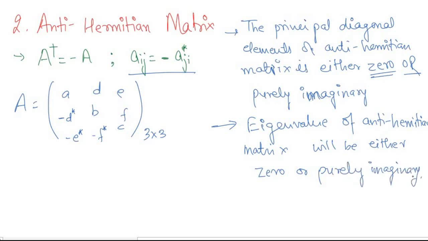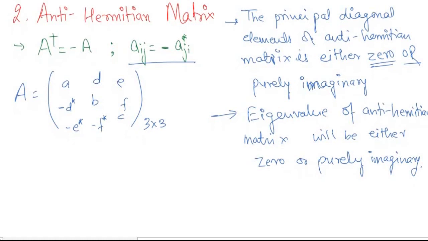The eigenvalues of an antisymmetric matrix or anti-Hermitian matrix will be either 0 or purely imaginary. So I am going to prove this statement here in the same manner as I did for the Hermitian matrix. I am doing it very quickly.